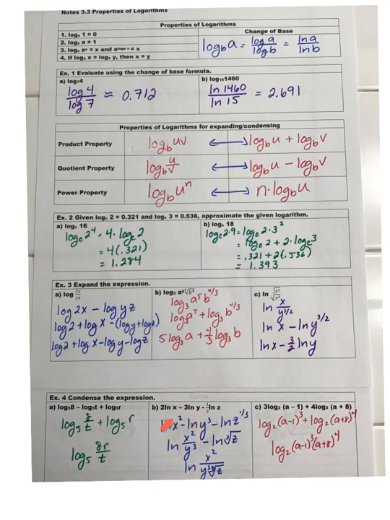So I'm going to do these first two. So this would be the natural log of x squared over y cubed minus the natural log of the cube root of z. And subtraction, so again, we get this divided by this. So the cube root of z is going to go into the denominator. So I get the natural log of x squared over y cubed cube root z.